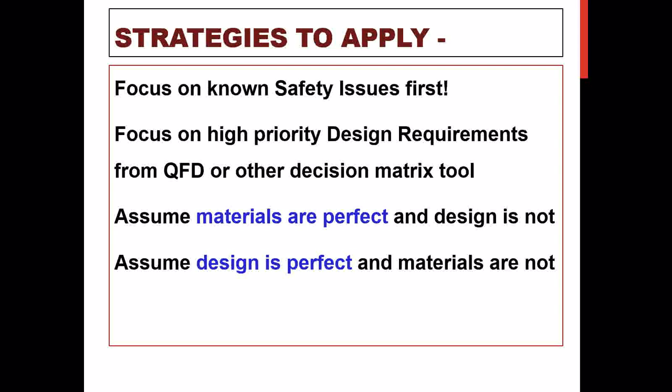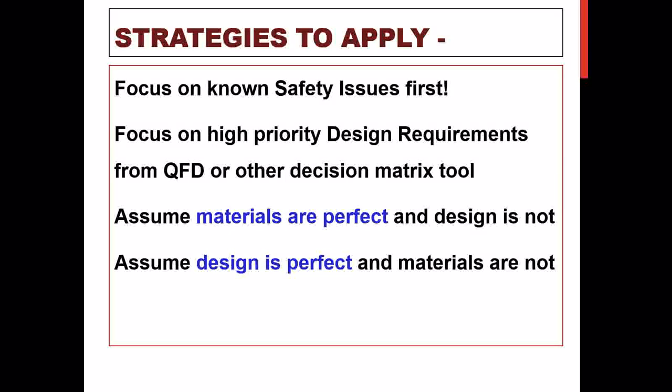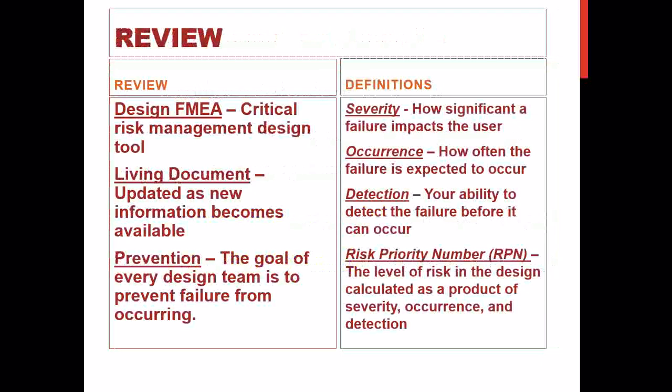That doesn't necessarily mean that Mr. Heisey is going to do all the work, but he's going to be responsible for making sure that the work gets done. Once you've had it done and you've completed your actions, then you can go in and re-rank it. In this case, as you can see, we haven't eliminated the impact of the failure on the product or reduced it in any way. But what we have had an impact on, due to our analysis and testing, is the occurrence and our ability to detect.